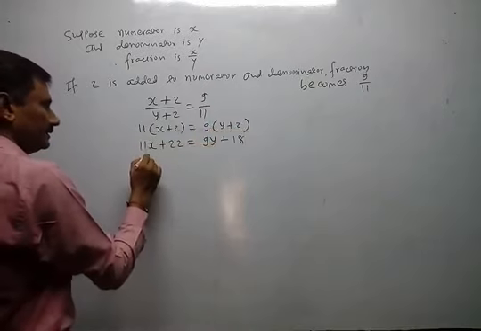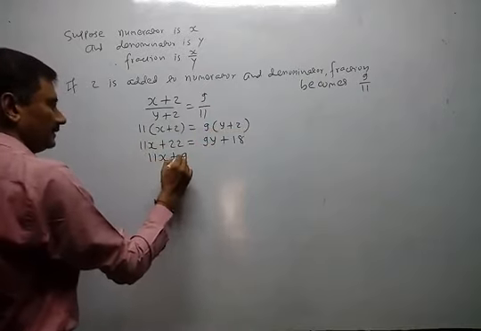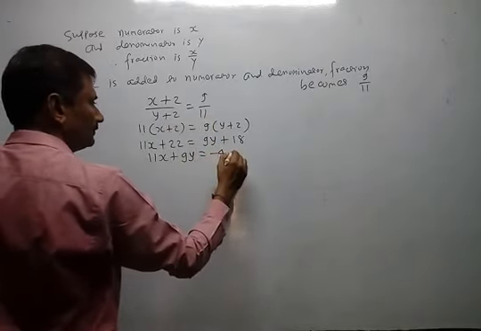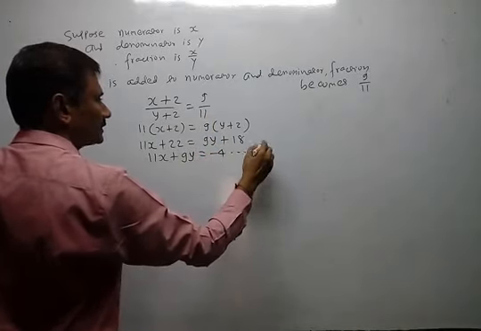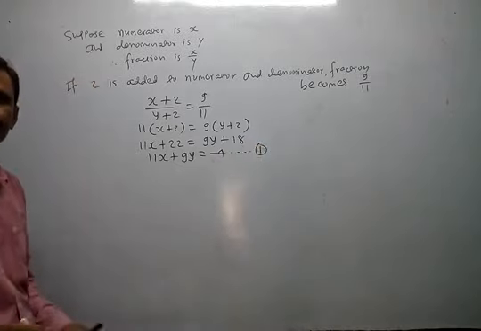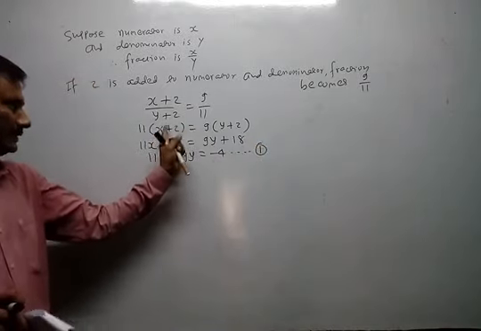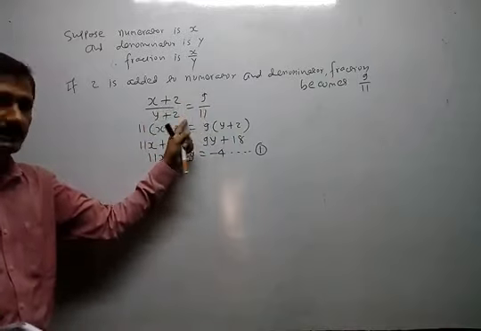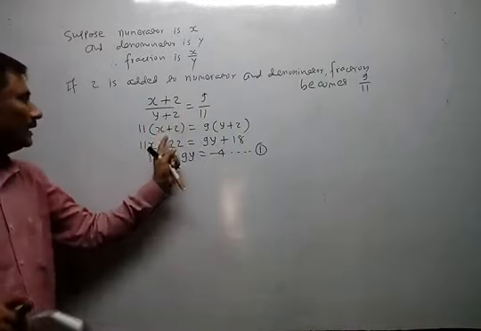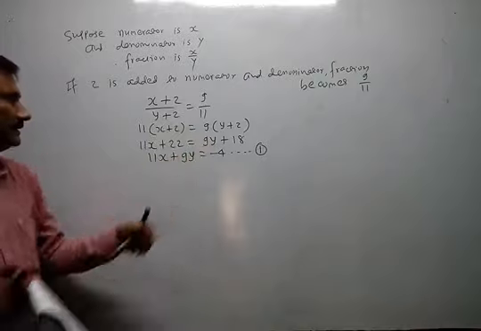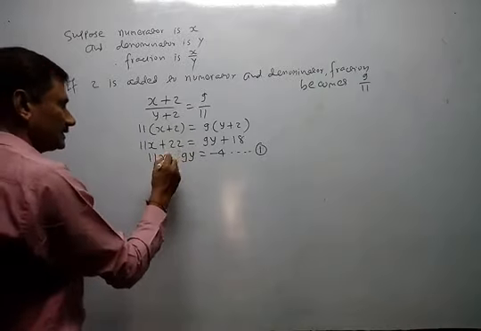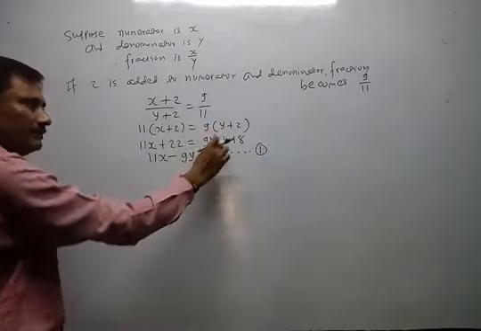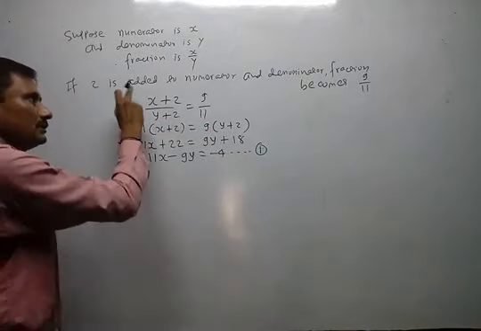Now set it here: 11x minus 9y equals 18 minus 22, which is minus 4. Okay, so the first equation we got. Cross multiply is done. Cross multiplication is not for addition or subtraction, it is for simplification only. So don't write beyond that. Sorry, that is 9y. 11x minus 9y equals 18 minus 22, so 18 minus 22 is minus 4.